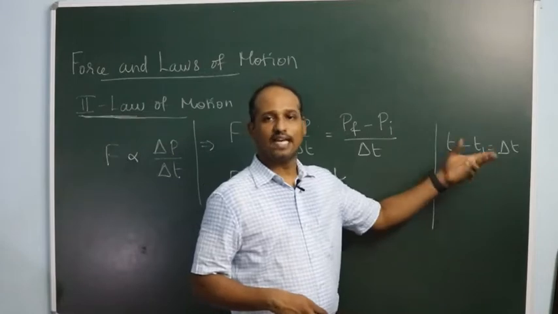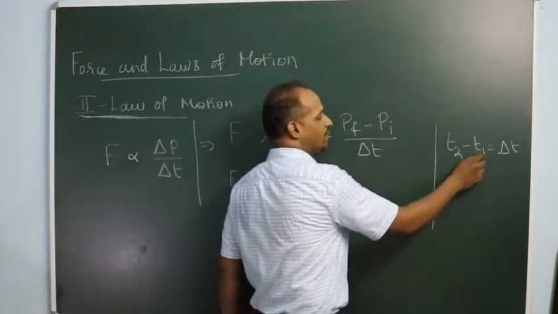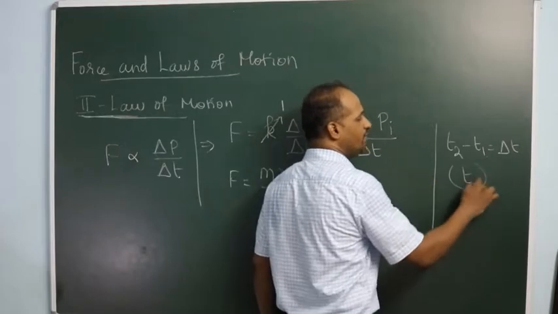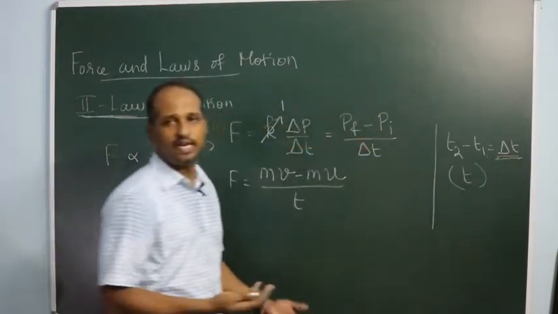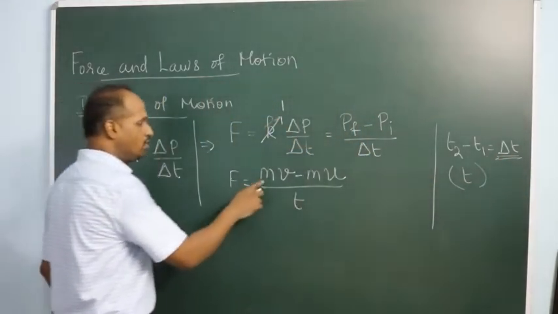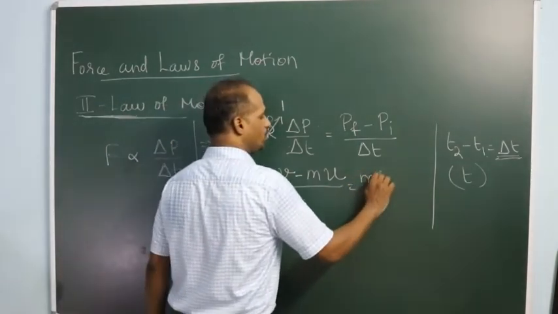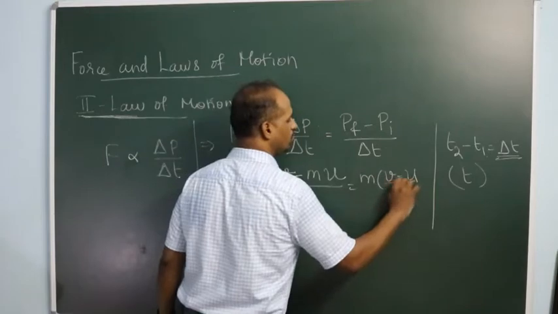In either case the answer is the same. If you use a stop clock, instead of t2 minus t1 you will use t. If you use your watch you will use delta t. That's it, no difference.